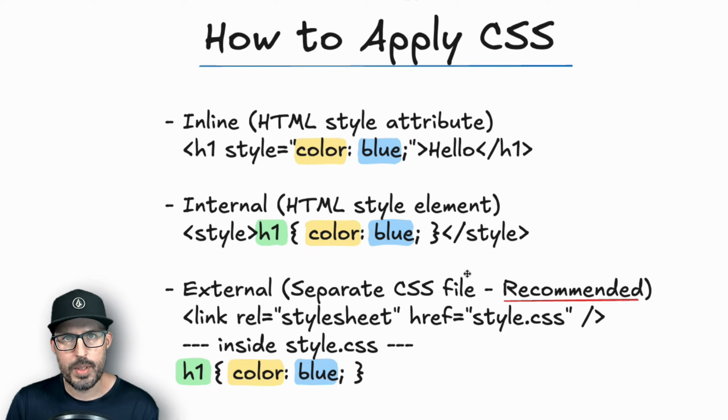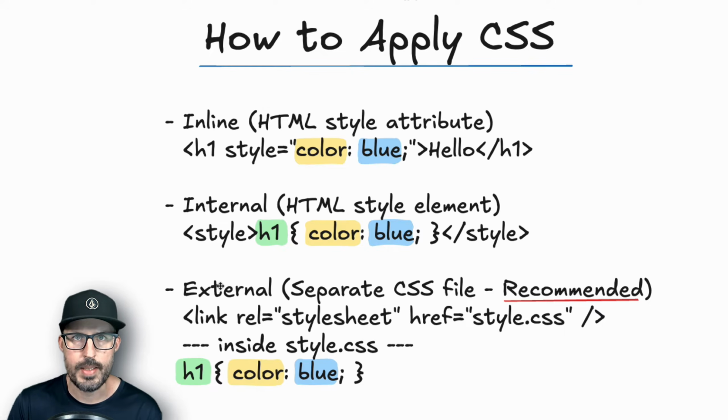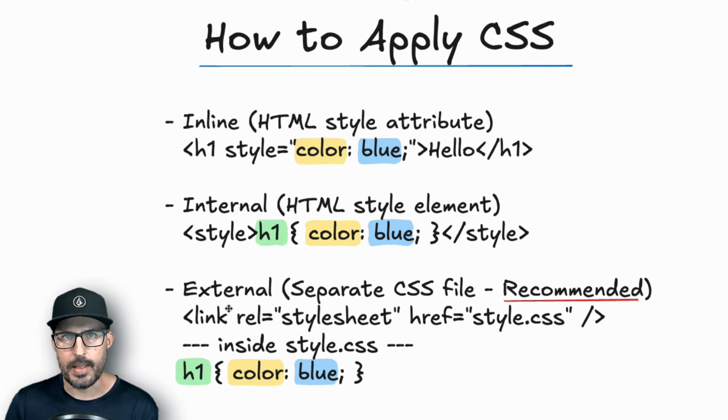Now, the last and most common way to use CSS is using an external style sheet. And this is a file with a .css extension. And you can see that this is the recommended way of adding CSS to your HTML pages. The way you do this is you add a link element to your HTML page at the top, and then you give it a rel attribute with the value of style sheet, and then you add an href attribute with the location of your CSS file.